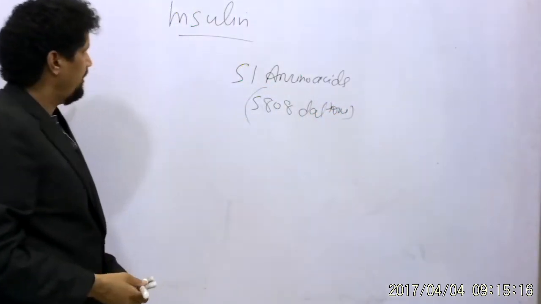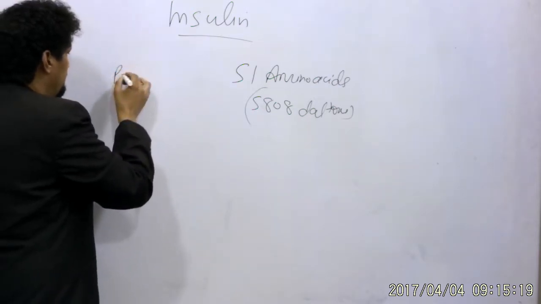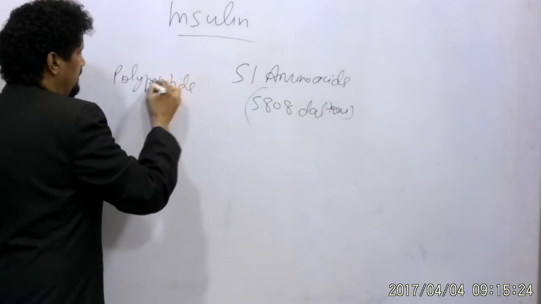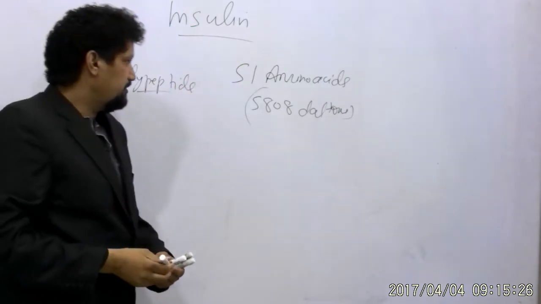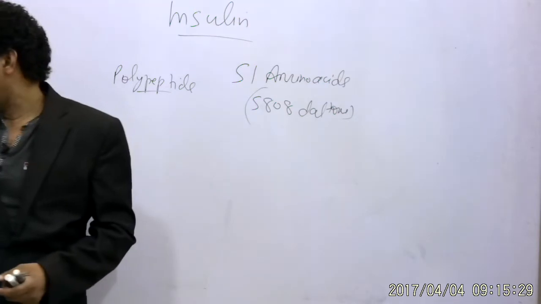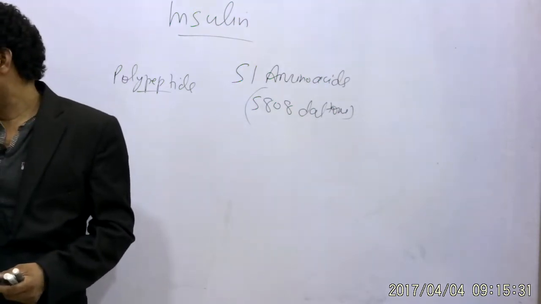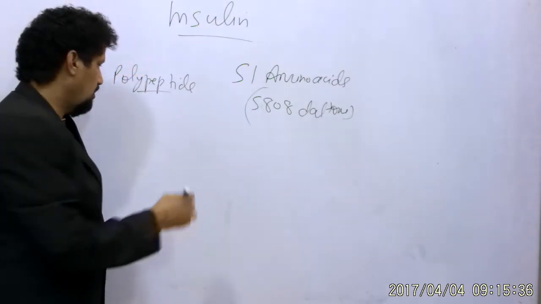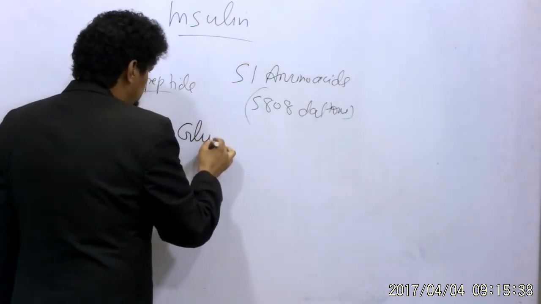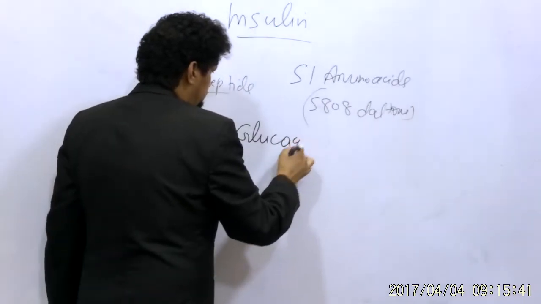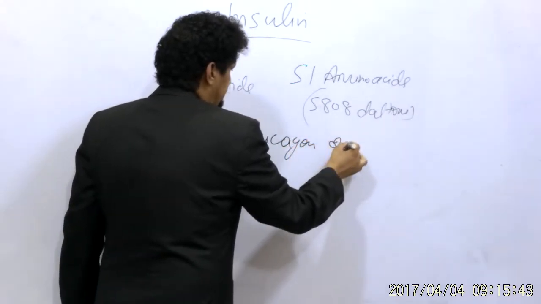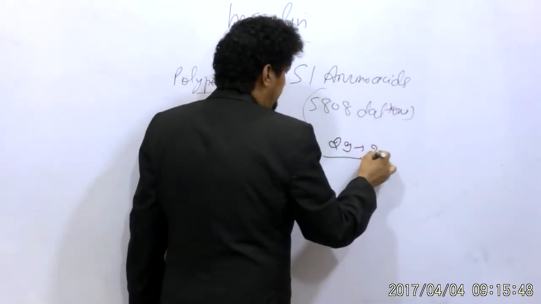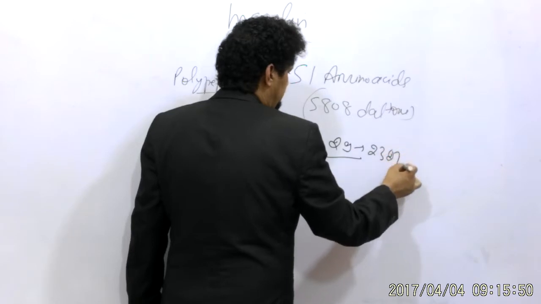So, the insulin is a large polypeptide made up of 51 amino acids and it is having the molecular weight of 5808 daltons. On the other hand, when we see the glucagon, it is only a 29 amino acid polypeptide and the weight is only 2327 daltons.